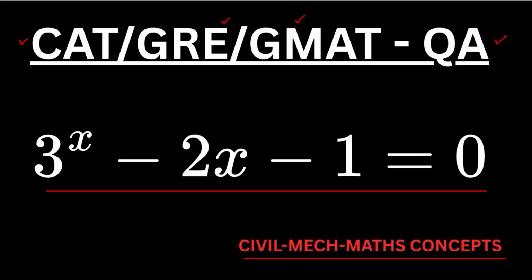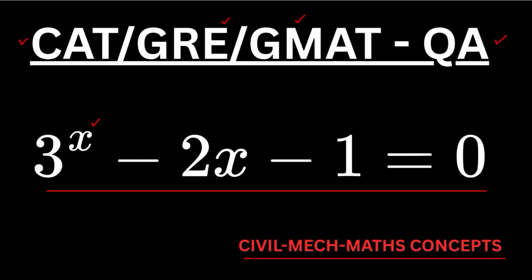This equation is not an ordinary equation. The power of the equation is in terms of the variable. X is a variable. It's not like ax square plus bx plus c is equal to 0, or a polynomial where a into x to the power of n, b into x to the power of n minus 1.